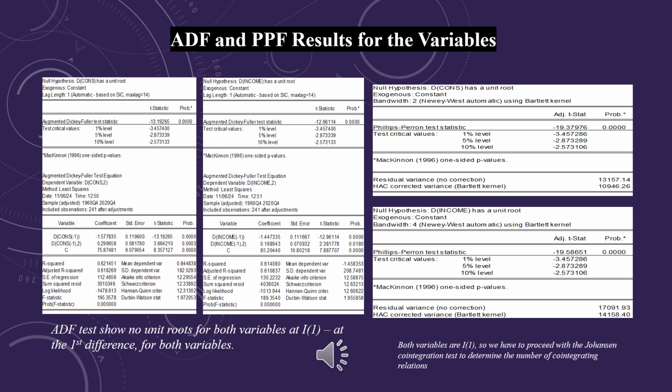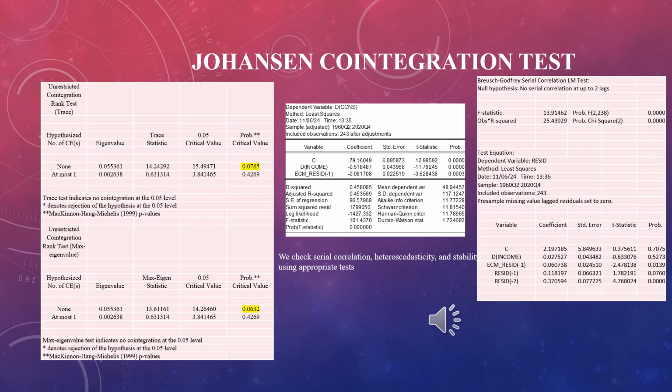Consequently, despite the visibly comparable trends, these two variables have no stable long-run relation. Thus, an error correction model was used to consider the short-run dynamics and relationship among these variables.